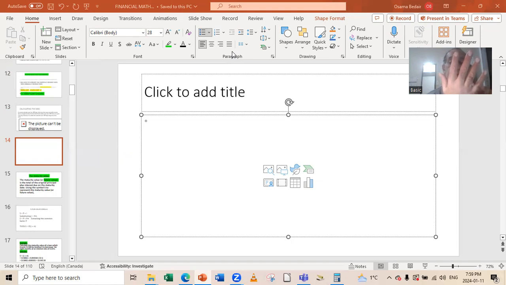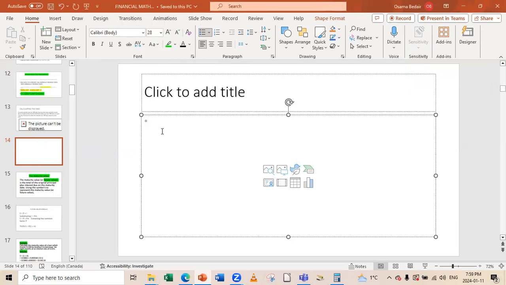If it is a year that ends with 00, you take the number of the year and divide it by 4. Let me show you an example. Let's say year 2000. I'm expecting that this year will be 366 days. Why?